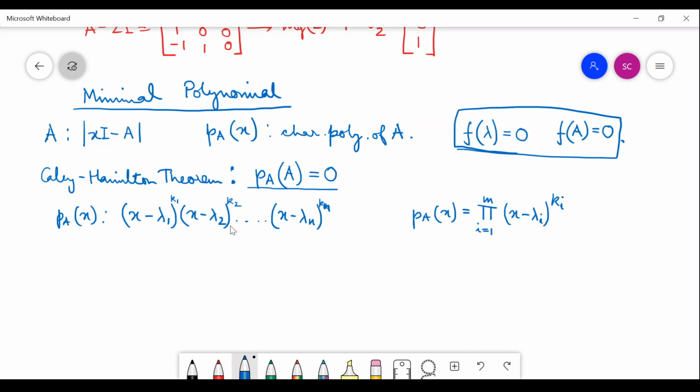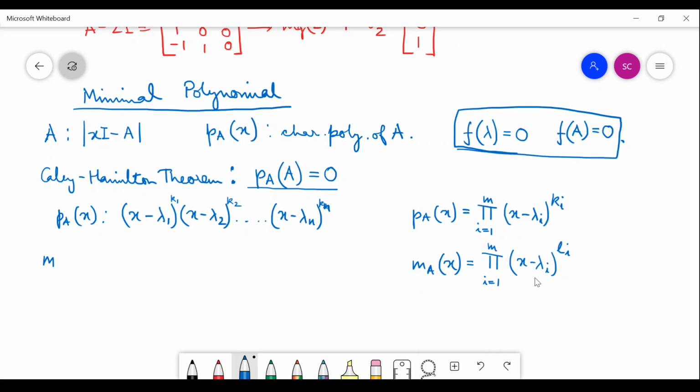You can very well understand that the minimal polynomial, if I write it as m_A(x), will be of this form. What has changed? This index has changed. What has not changed? The eigenvalues have not changed.